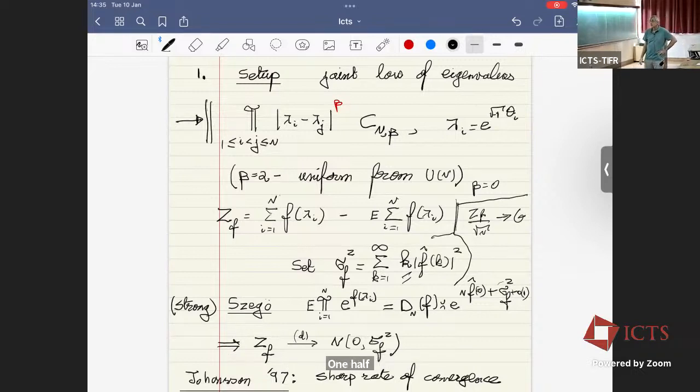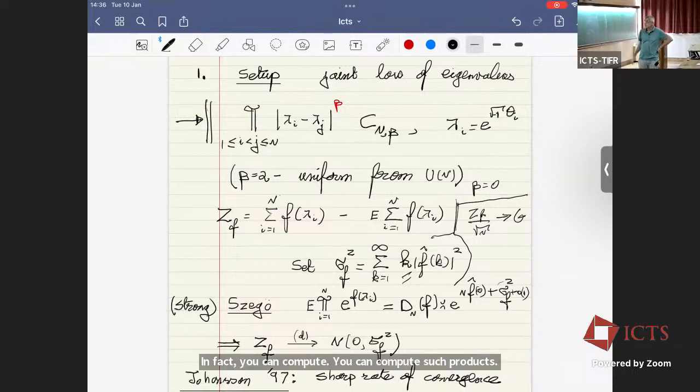And it goes back to Szegő that in fact you can compute expectation of such products, and the answer is given in terms of the Fourier coefficients. You see the product of e to the f is just exponential of the sum of the f of λ_i.